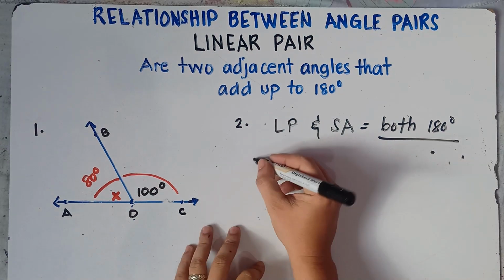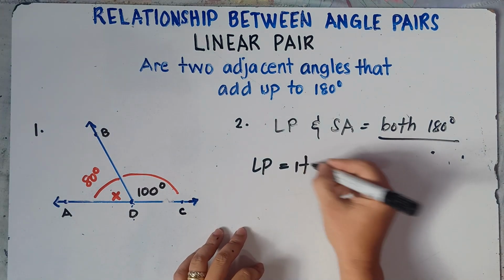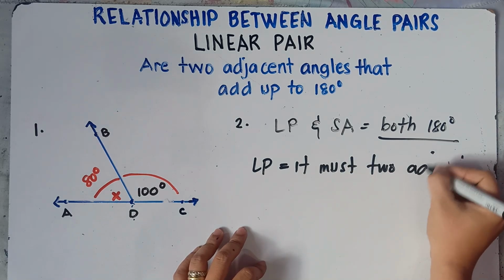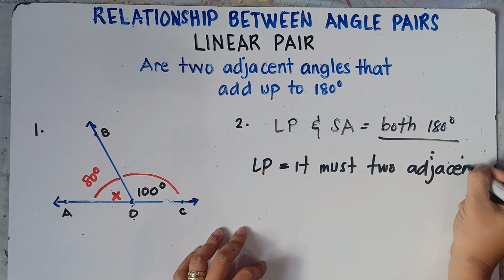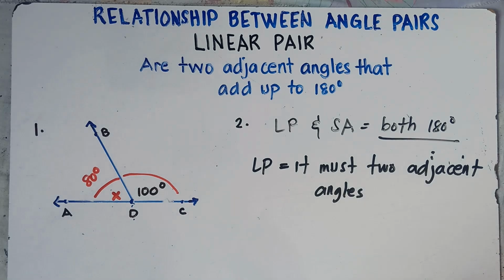Now for the linear pair, it must have two adjacent angles. Once again, it must have two adjacent angles that if you add the two angles, you get 180 degrees. Always remember that one, class, for the linear pair, two angles must be adjacent angles.